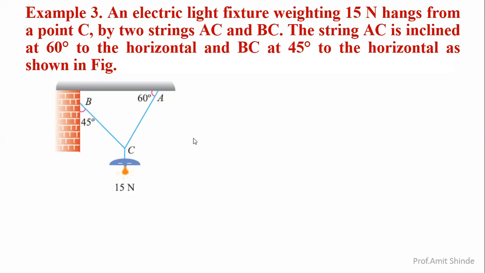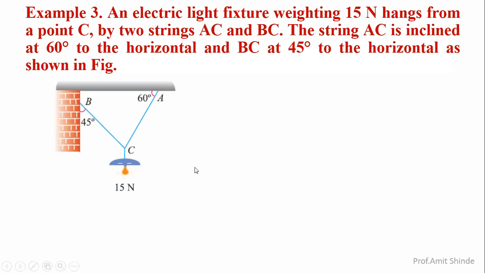Now we have to find out how much tension will be developing inside the strings AC and BC due to this weight of 15 Newton. That's why we have to make the free body diagram of that particular point and this weight.